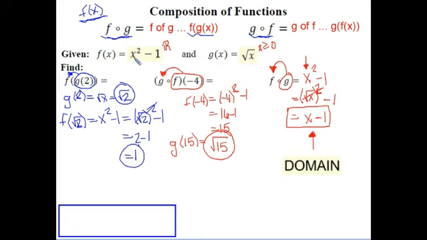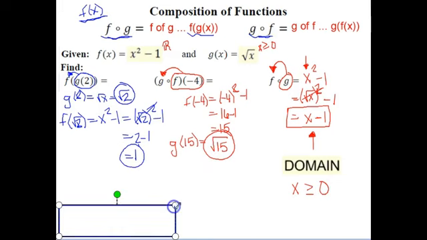From this piece we can have all real numbers, but from this piece we can only have numbers greater than or equal to 0. So we got to take the more restrictive domain, which would be this one, because it's telling us what specific numbers we cannot use. So even though our overall answer looks like it should be all real numbers, it is actually x values greater than or equal to 0, because this is the most restrictive domain.